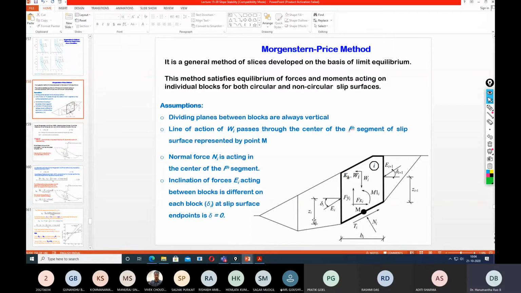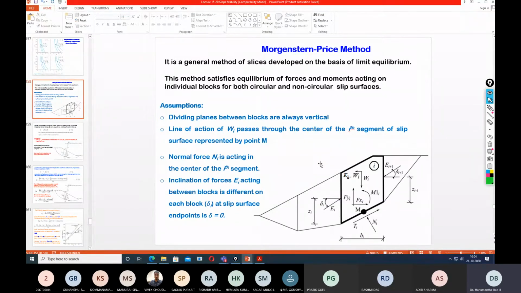Originally they cannot be in the horizontal direction. But when you resolve Ei into normal and tangential components, they become horizontal and vertical, because this resolution is required in order to satisfy the equilibrium equations in the vertical as well as the horizontal direction.